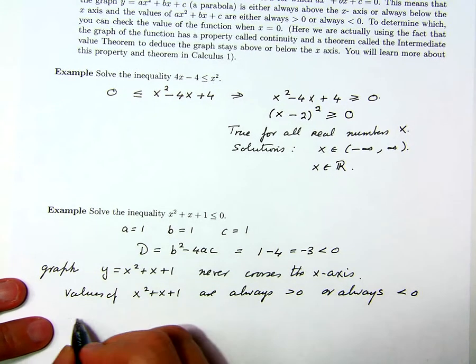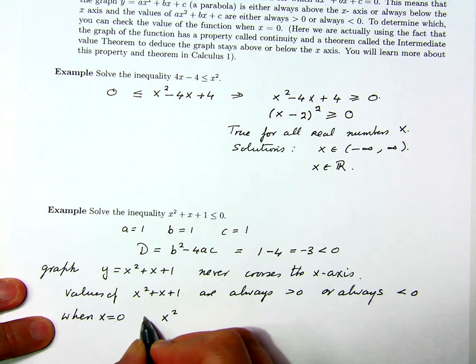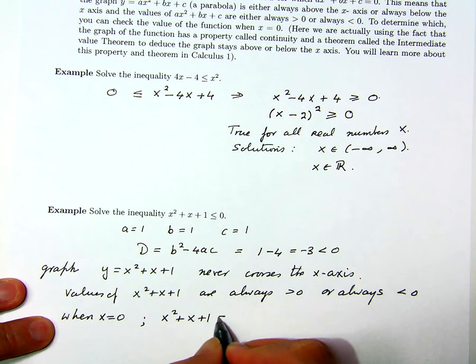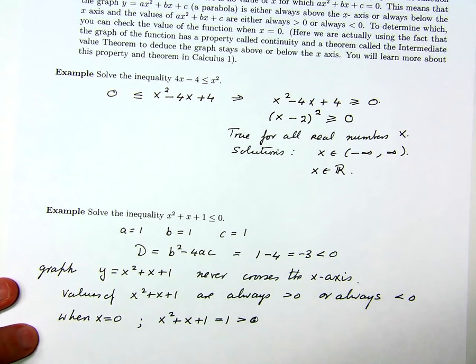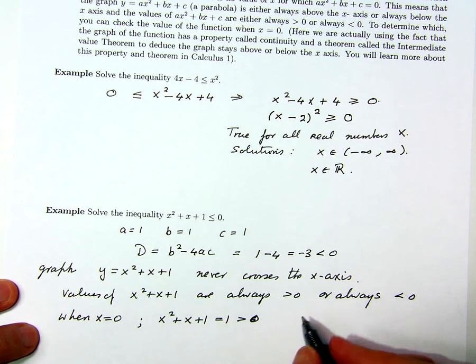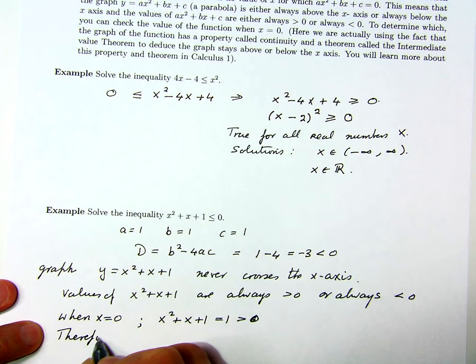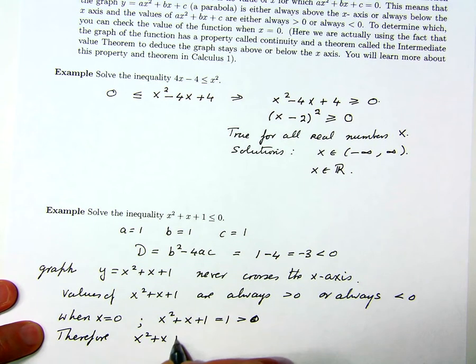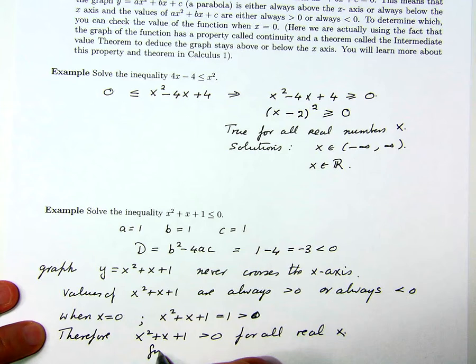How do I decide? Well, when x equals 0, x squared plus x plus 1 is 1 which is greater than 0, and therefore, since one of them is greater than 0 and it never changes sign, then all of them must be greater than 0. So therefore, x squared plus x plus 1 is greater than 0 for all real x, or for all x from minus infinity to infinity.